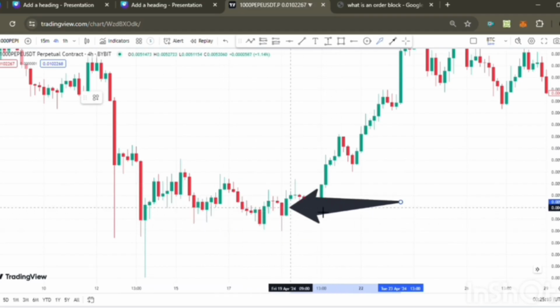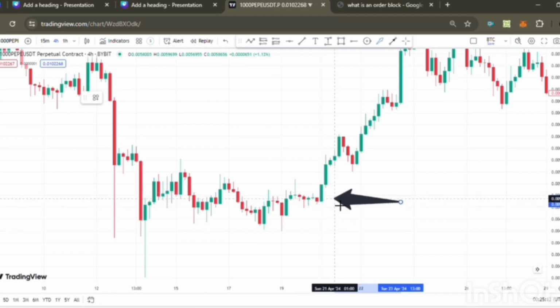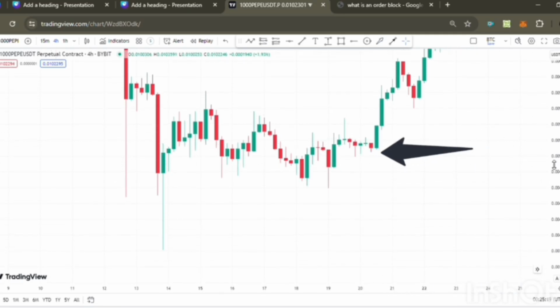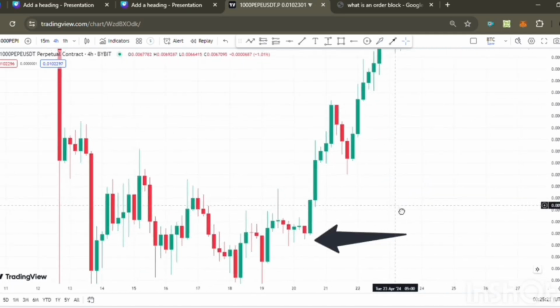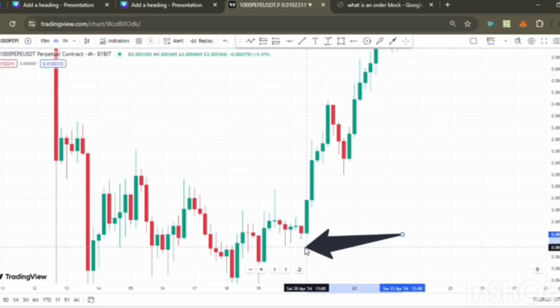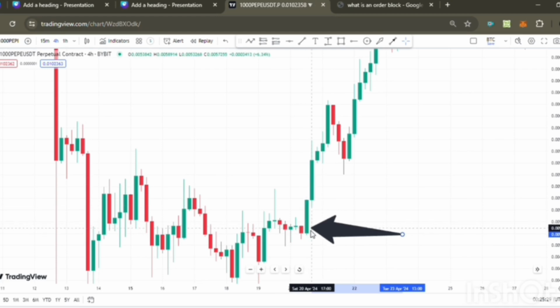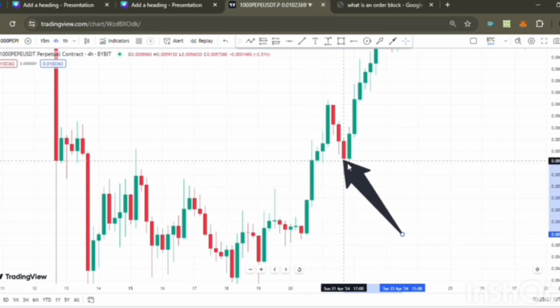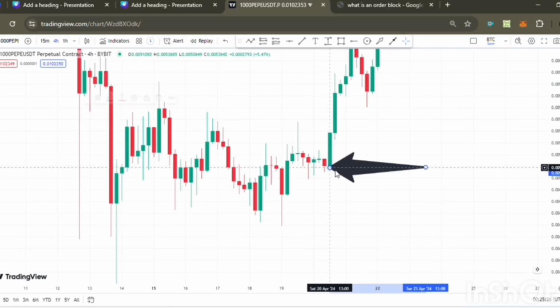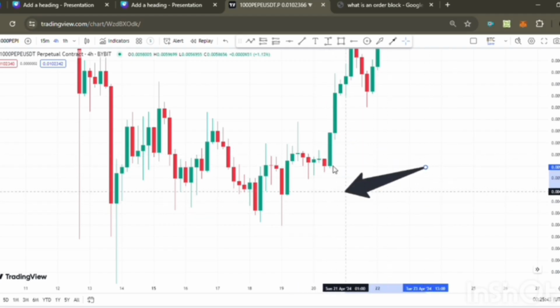So in a bullish scenario, we will consider the last bearish candle that formed before the market pulled drastically up to the upside, leaving the market in inefficiency. And this inefficiency is what makes the market imbalanced. Why? Because of the criteria, the rules I will mention.